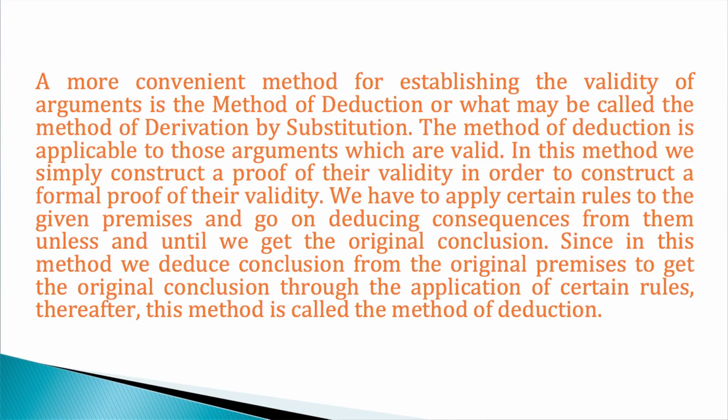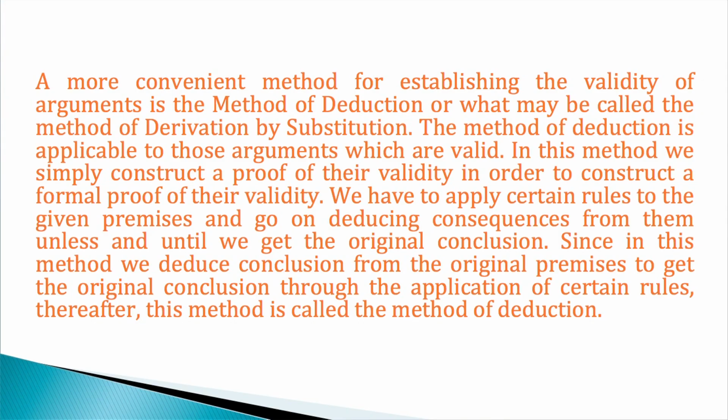In order to construct a formal proof of their validity, dear learners, we have to apply certain rules to the given premises and go on deducing consequences from them until we get the original conclusion.